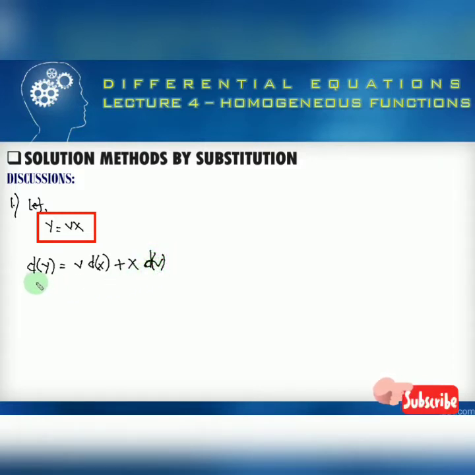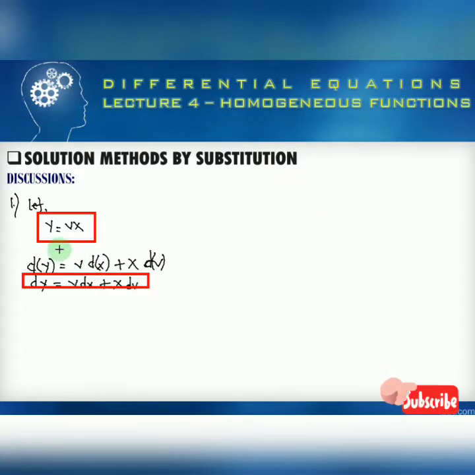Or simply, we can simplify this: dy equals b dx plus x db. Try to remember this one, because we will use it in your calculation.